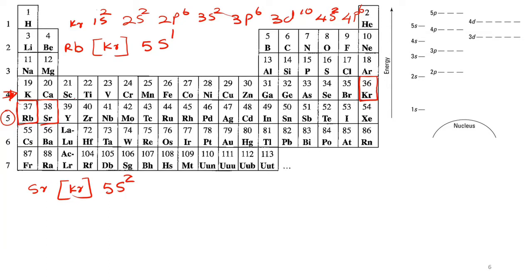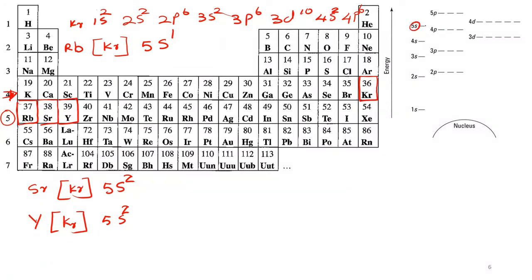And then the next one, which is yttrium, you have krypton, you have the 5s2. What fills after 5s2? This is where you have 5s.